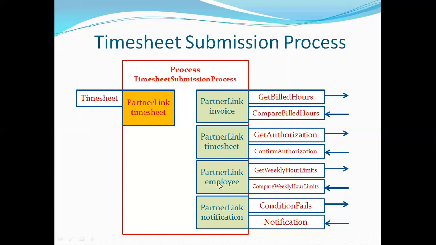The third condition required for accepting the timesheet is getting the weekly hour limits. From the timesheet, the recorded hours, the performed hours, are considered and compared with the weekly hour limits. If the task performed hours, that is the recorded hours total, is less than the weekly hour limit, then accept the timesheet.